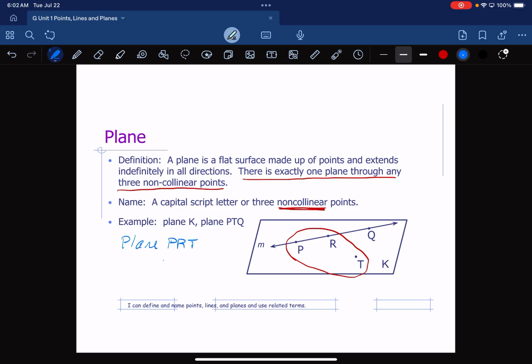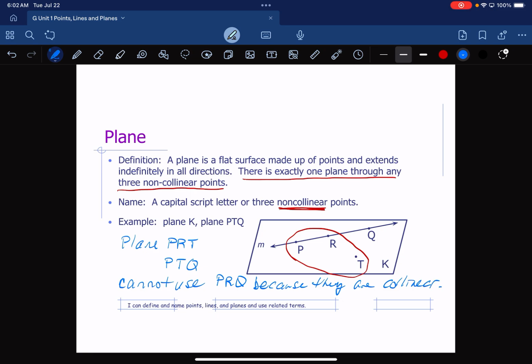I could call it PTQ, but I cannot call it P, R, and Q because they are collinear. Okay, they're on the same line.